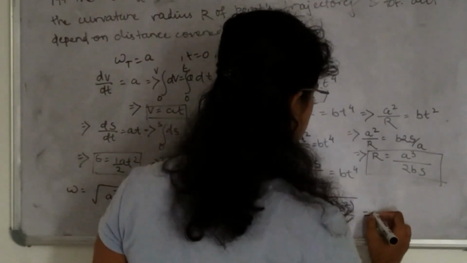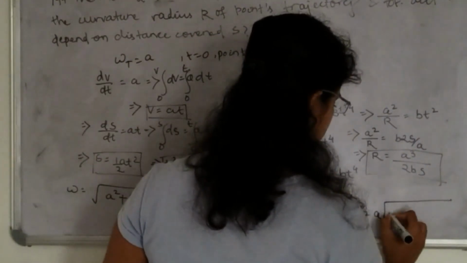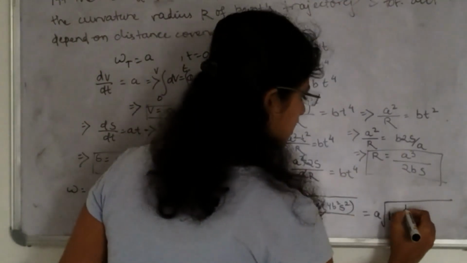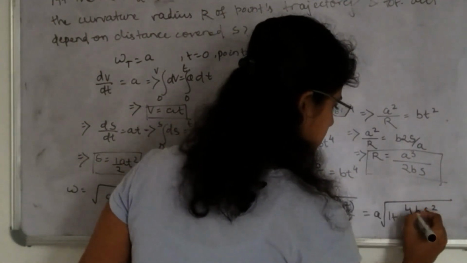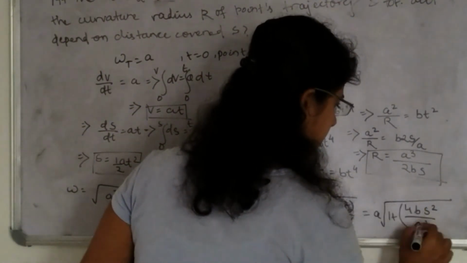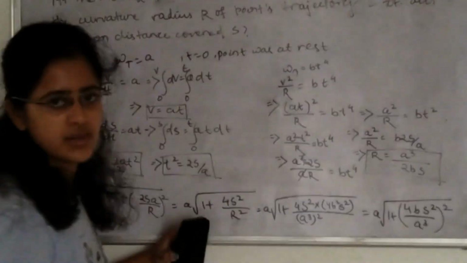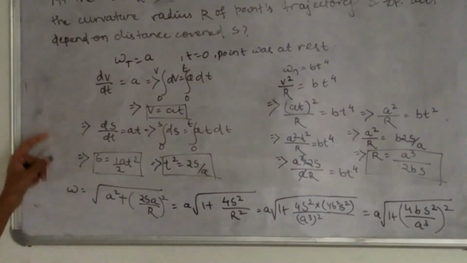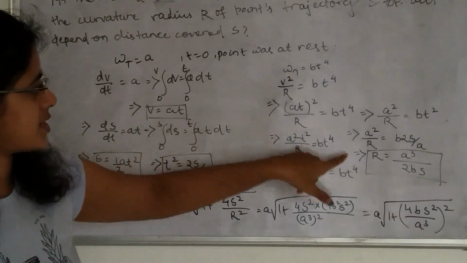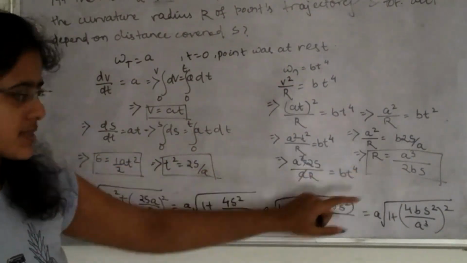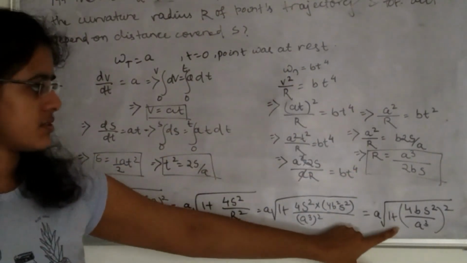By solving this, we can finally get 1 plus (4b square divided by a cube) whole square. So this is the curvature r of the point's trajectory depending on s, and this is the total acceleration depending on s.